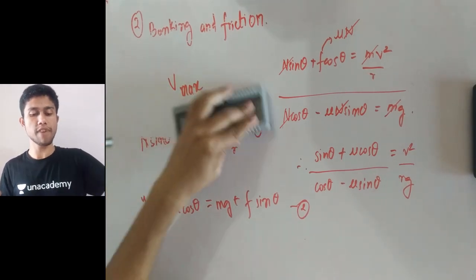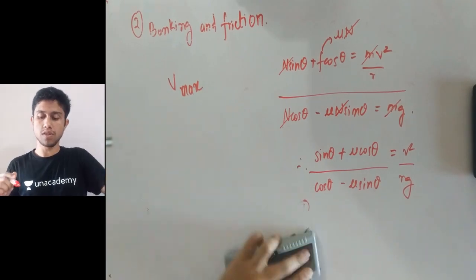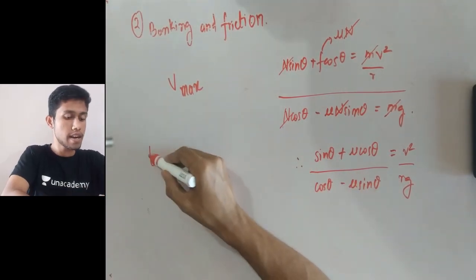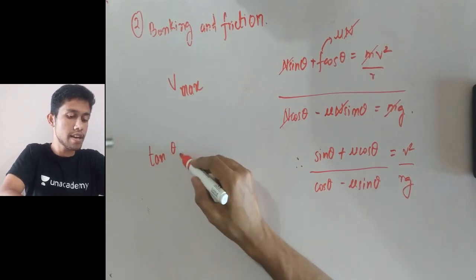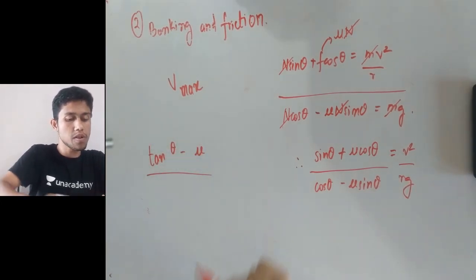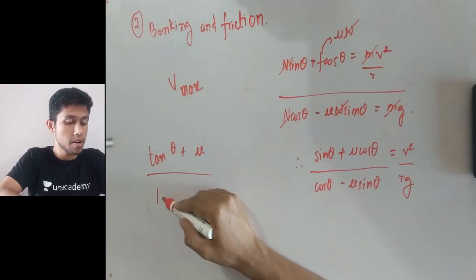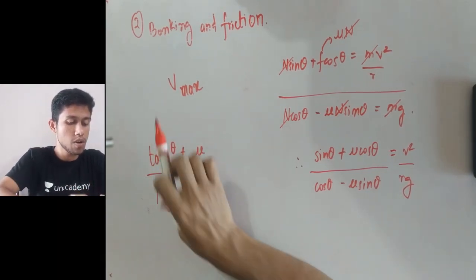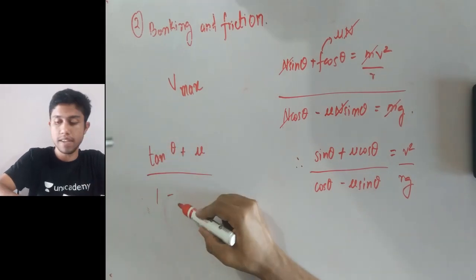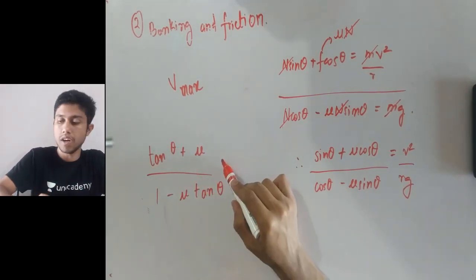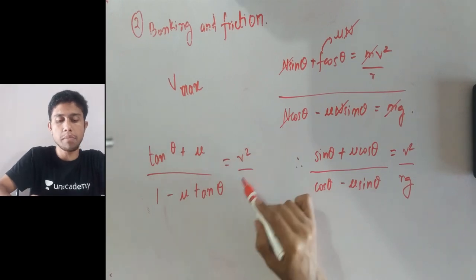So this is the expression which I have got up till now in a simplified form. Now I'll simplify it more. Using the trigonometric equations, I can write it as tan theta plus mu upon 1 minus mu tan theta equals v square by rg.